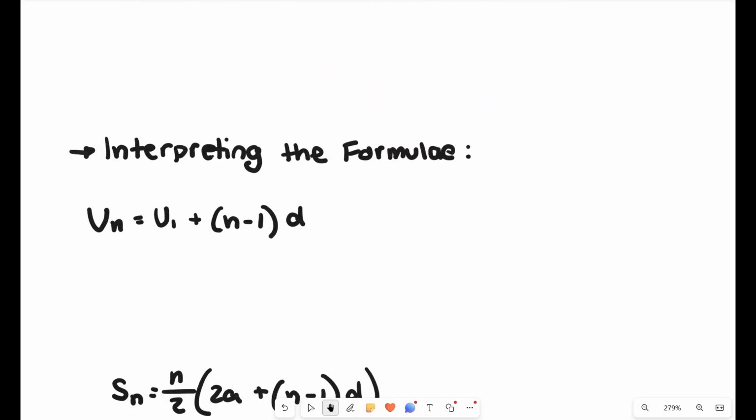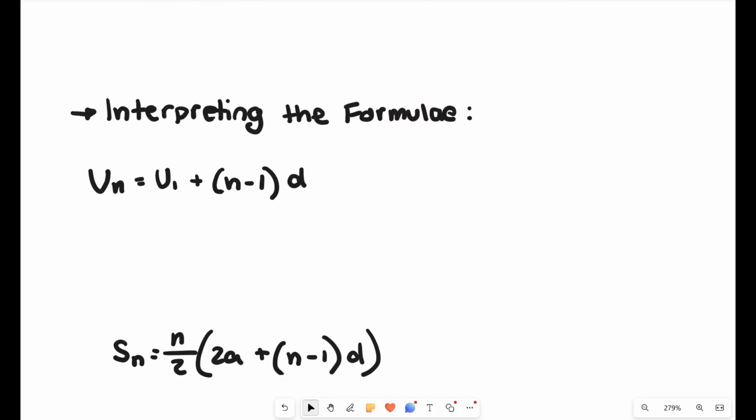Okay, moving on, let's look at some of the formulae that are given within the IB formula booklet for arithmetic sequences. This first formula that I've written down refers to finding the nth term in an arithmetic sequence. In this case, n is a placeholder for the number within the sequence that we're trying to find.